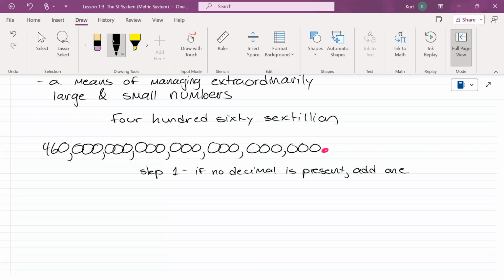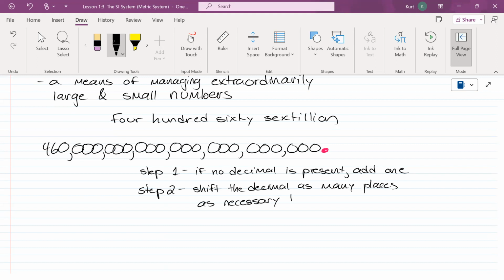Shift the decimal as many places as necessary so that you end up with a number between 1 and 10, meaning between 1 and 9.9.